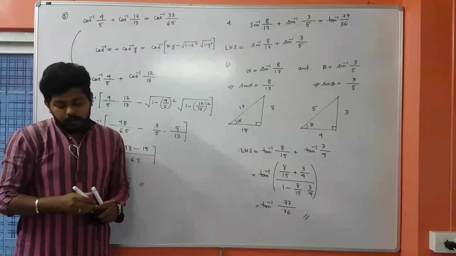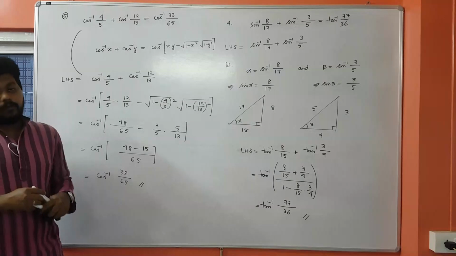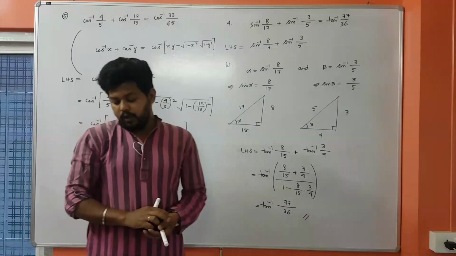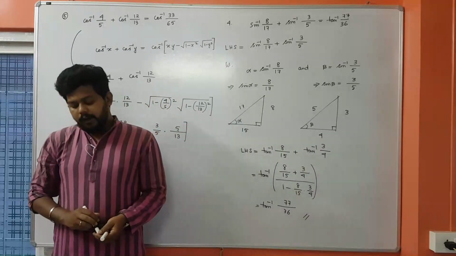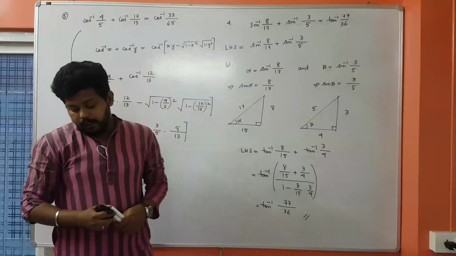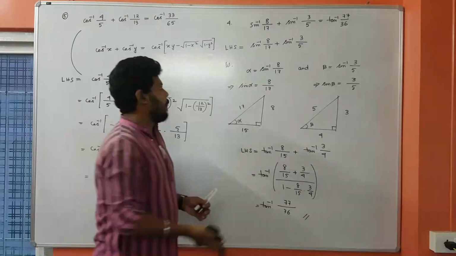This is your number 5. Now, what about number 6? Number 6 is cos inverse of 12 by 13 plus sin inverse of 3 by 5 is equal to sin inverse of 56 by 65.